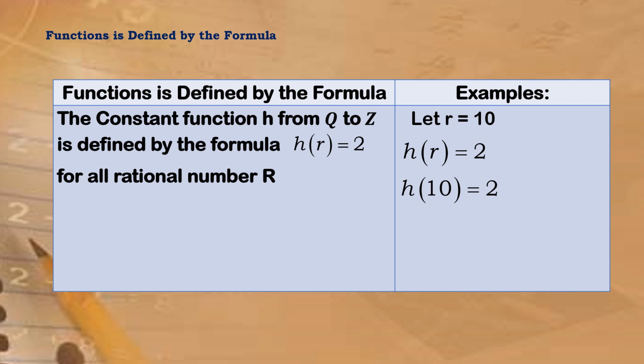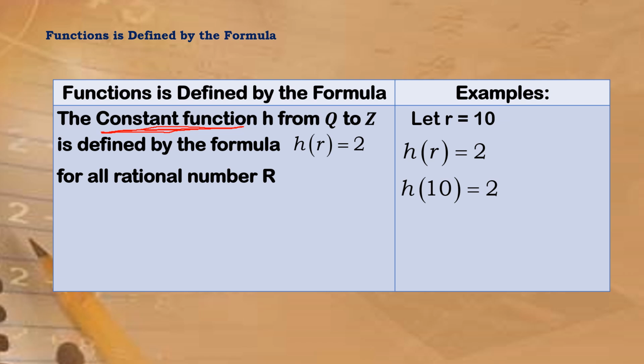We also have what we call the constant function. When we say constant, the value is still the same. So for example, the constant function h from Q to Z is defined by the formula h of r equals 2 for all rational numbers r.